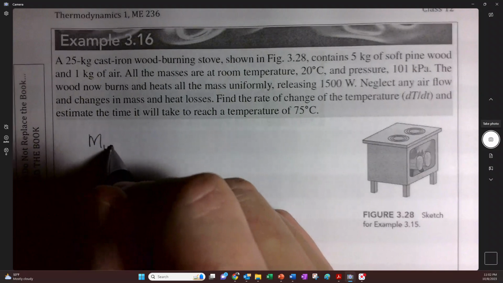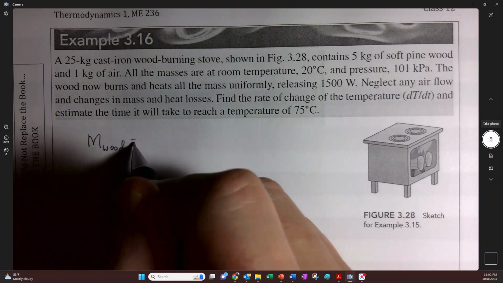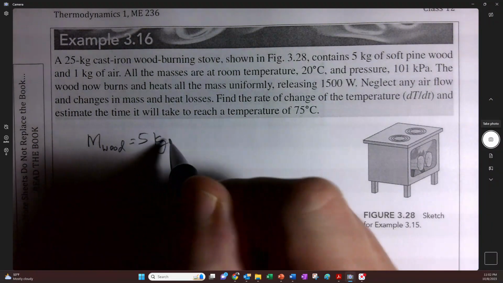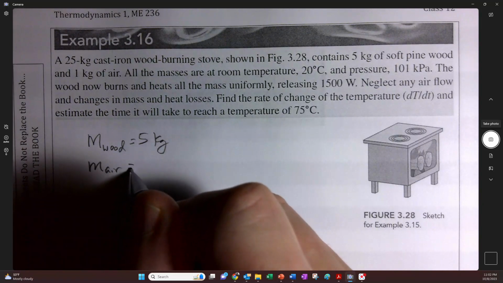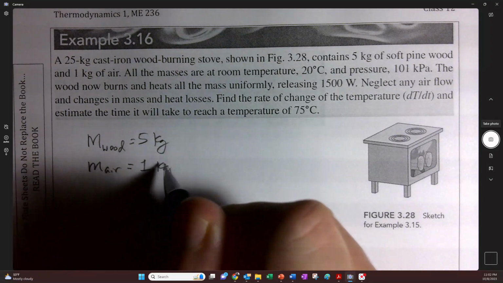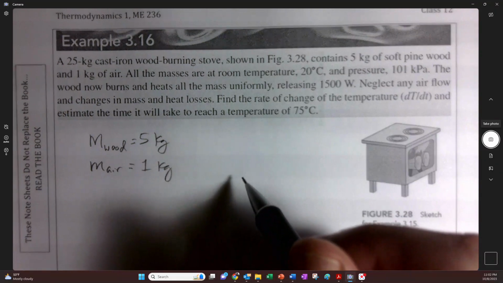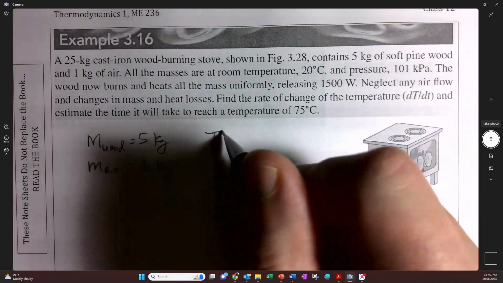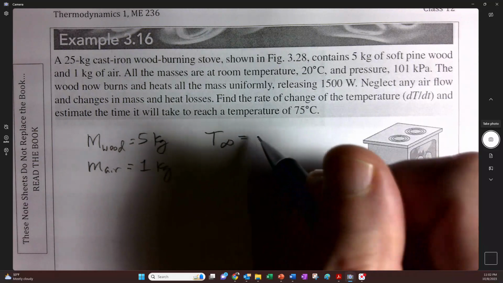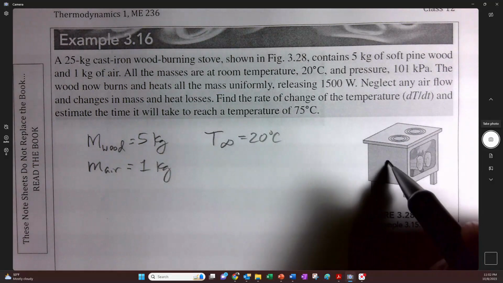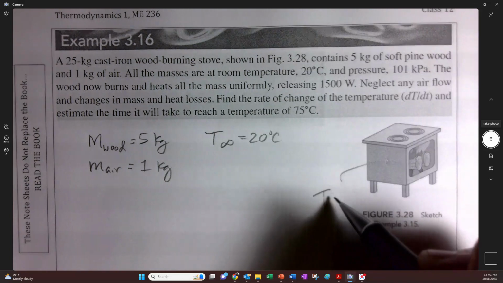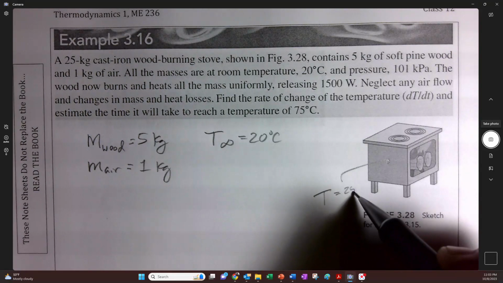So writing down the information given to me: 5 kilograms of wood, 1 kilogram of air. It takes a lot of air to make 1 kilogram. Things that they said. Okay, so the outside world is 20 degrees Celsius. This thing starts out at 25 degrees.